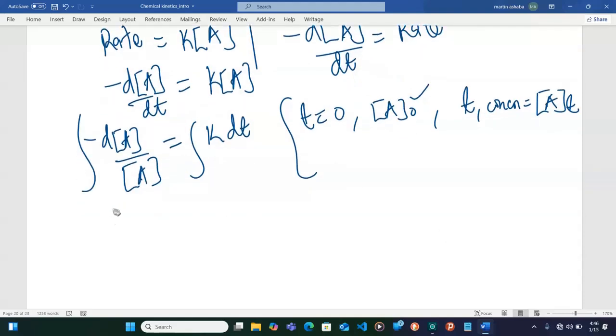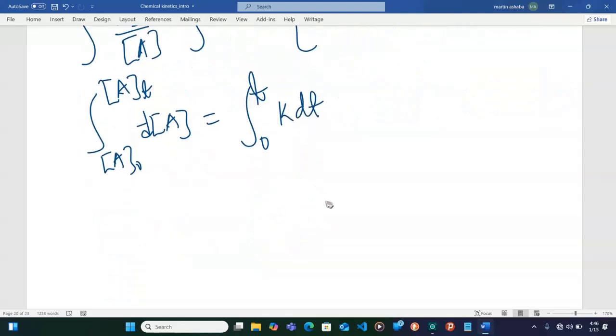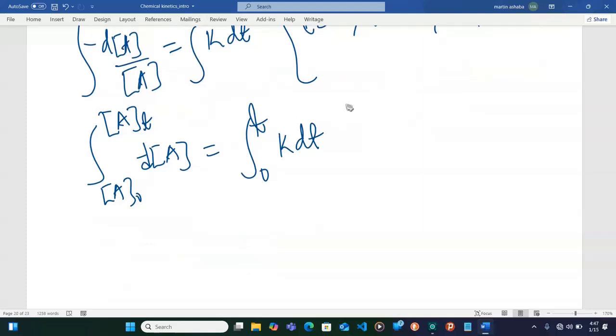So meaning we're going to integrate from the concentration at t equal to 0 up to the concentration at t, negative dA over A, which is equivalent to integrating from 0 to t of k dt. So if we do the integration here, what does this give us?